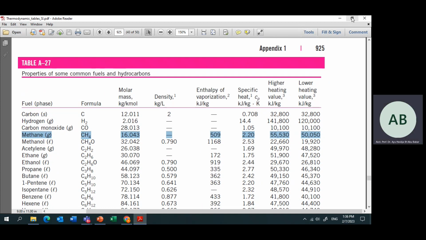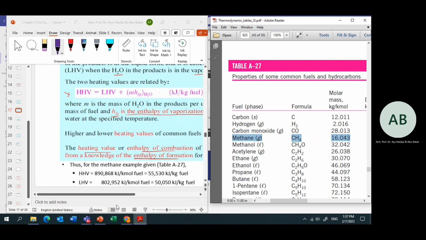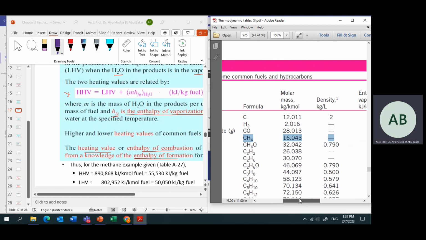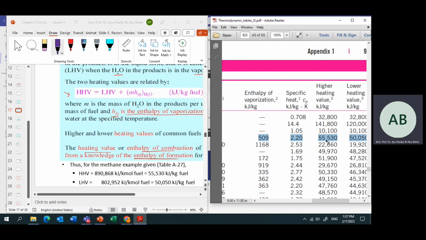HHV from here for methane is this one. To get this figure, multiply by the molar mass. Then you will get this figure, 890 in kilojoule per kmol. Same goes with LHV. The figure given in the table, multiply by the molar mass.